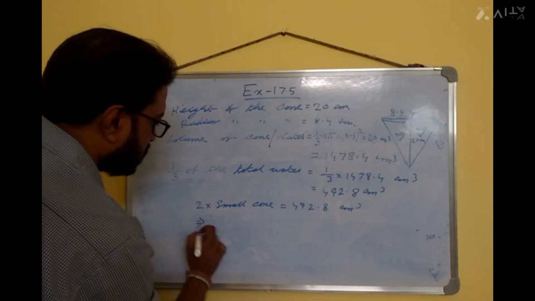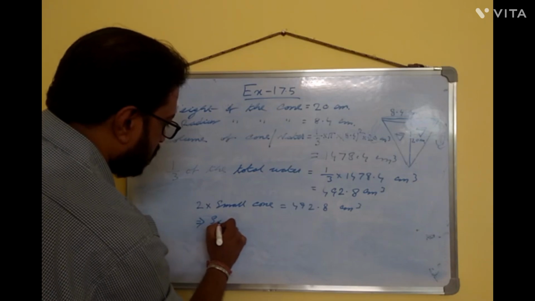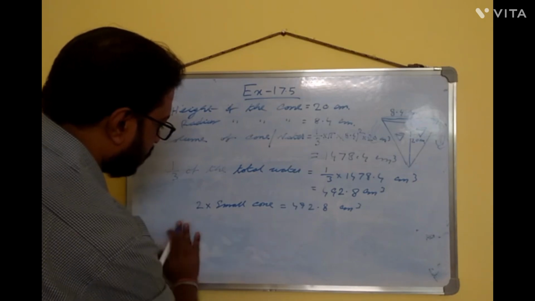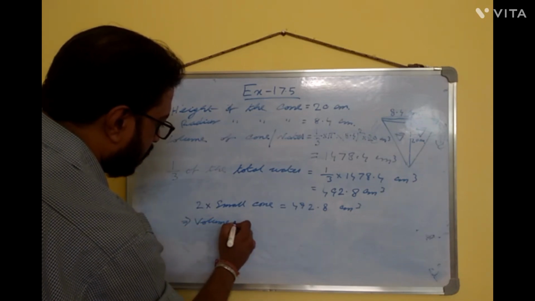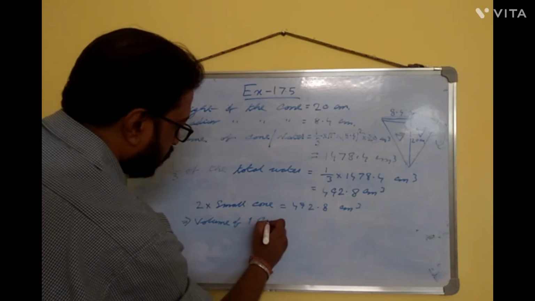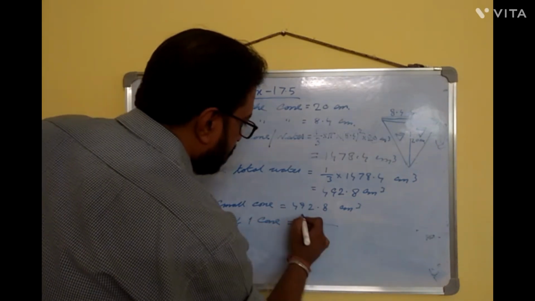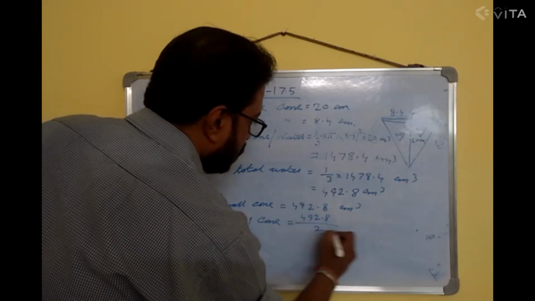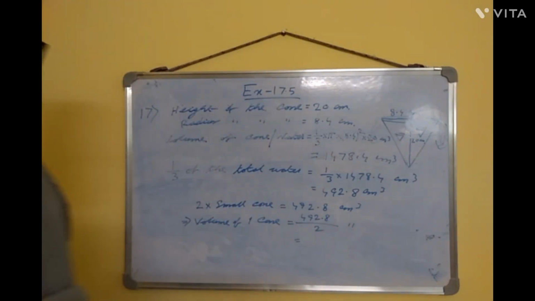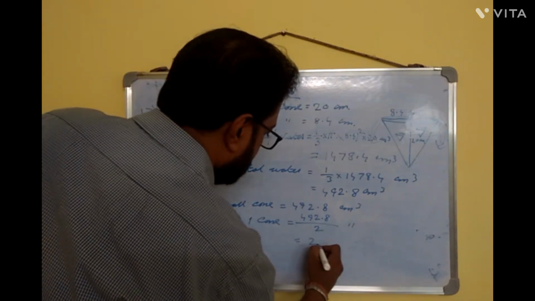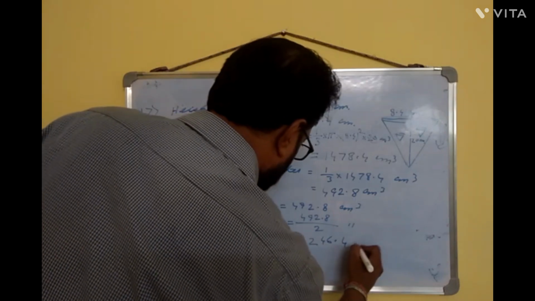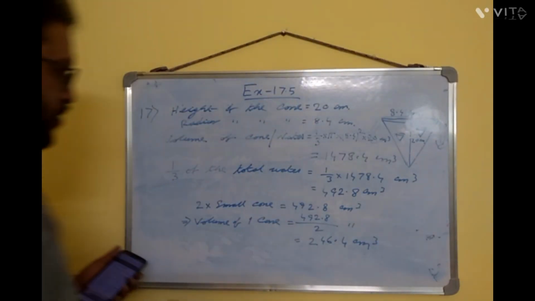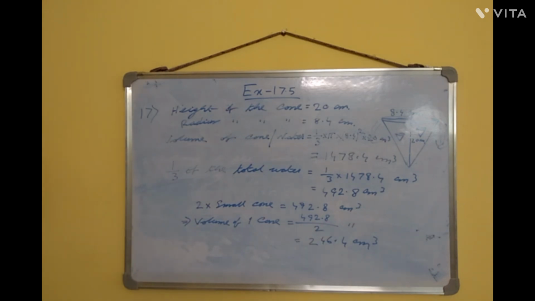So if I want to find out one small cone, volume of one small cone will be 492.8 by 2 centimeter cube, that is equal to 246.4 centimeter cube.